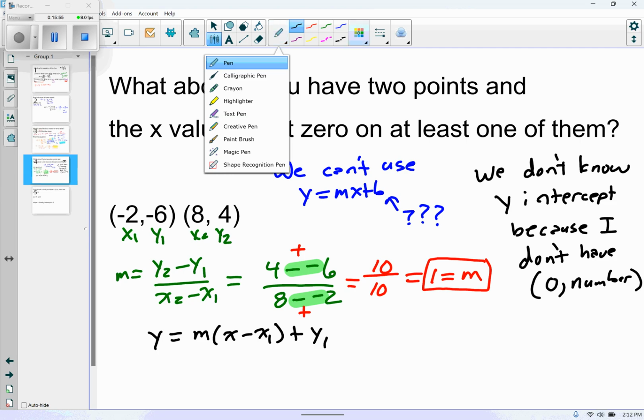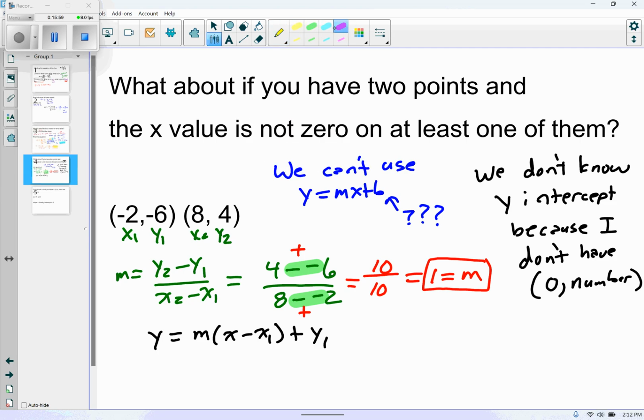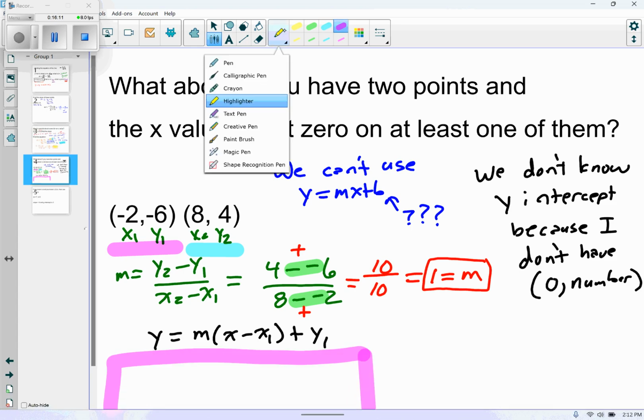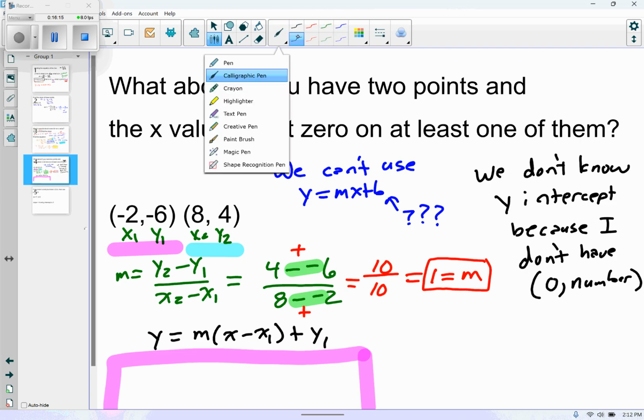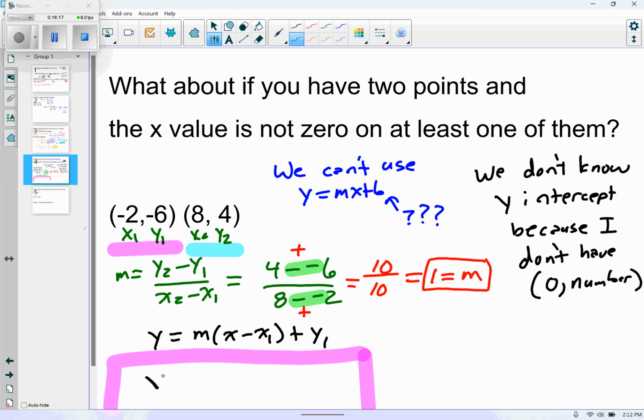So I'm going to do this problem two ways, and there's two answers that are 100% correct. So if I call this that, and I call this one that, if I do the pink over here, ready? I'm going to get y equals, what did I say the slope was?